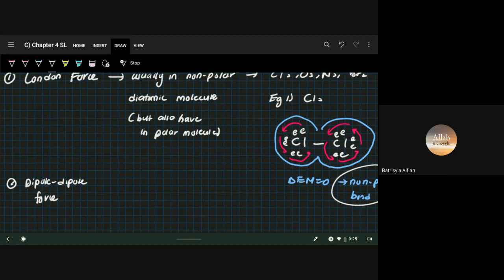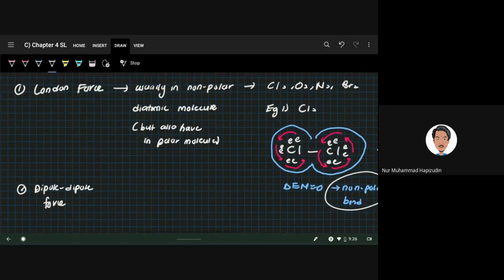Saya nak tanya, kalau dia ada juga polar molekul, prosesnya sama je kan. Proses dia sama je, tapi tak perlu fokus, biasanya London force ni dia more to non-polar. Polar molekul ni ada dua, dia ada London force, dia ada dipole force.